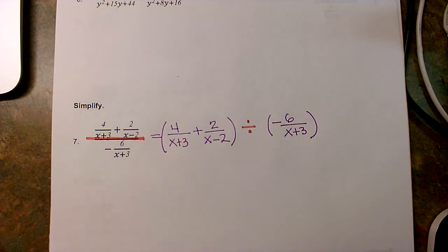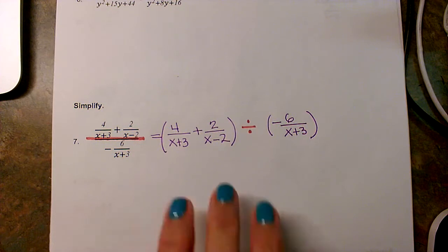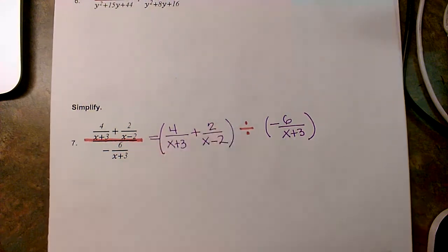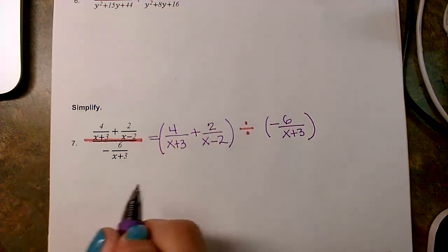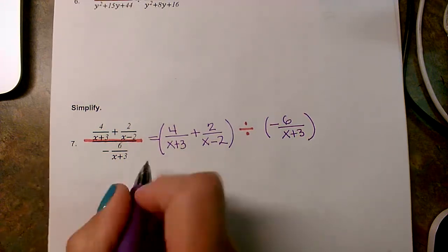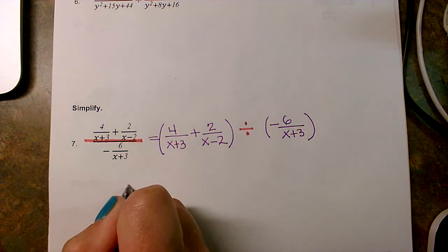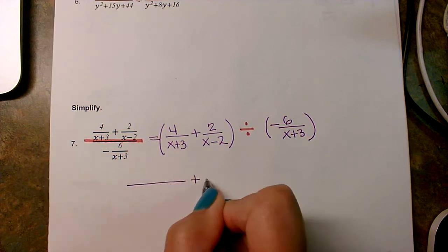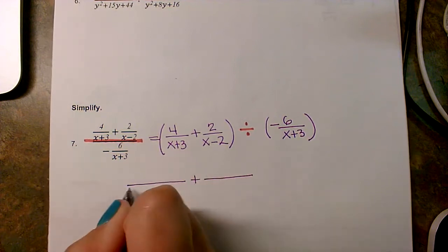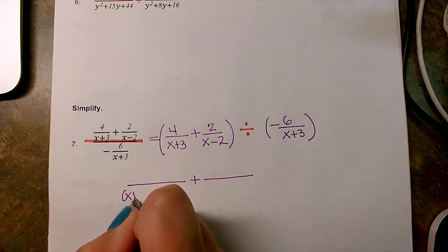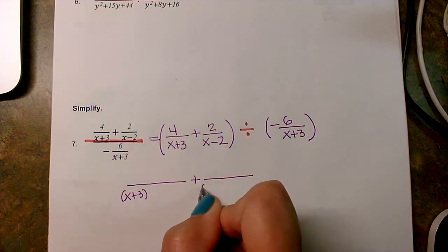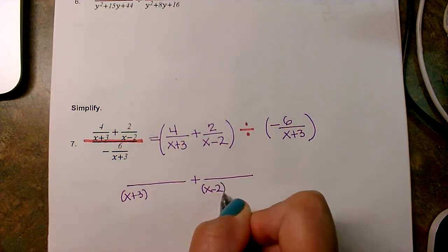Now, let's work on this side first. So we need to have the same denominators, right? So we're going to, we have x plus 3 and x minus 2.